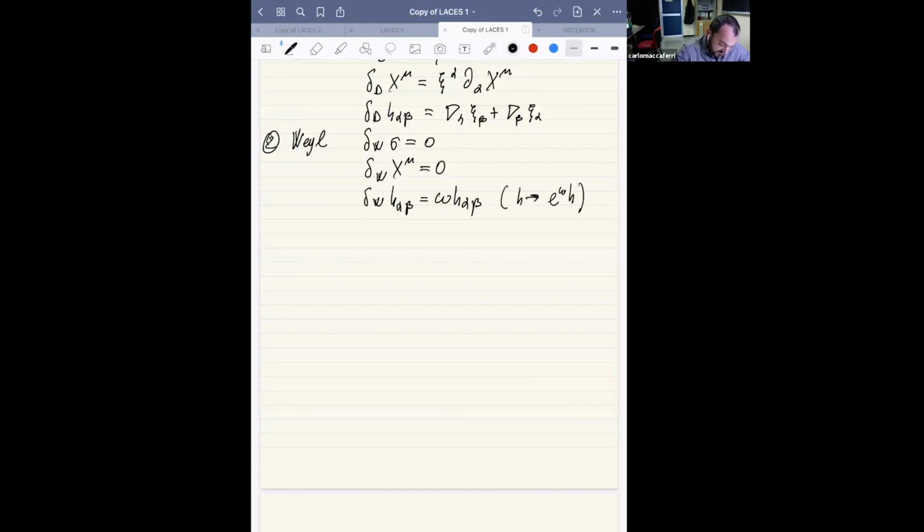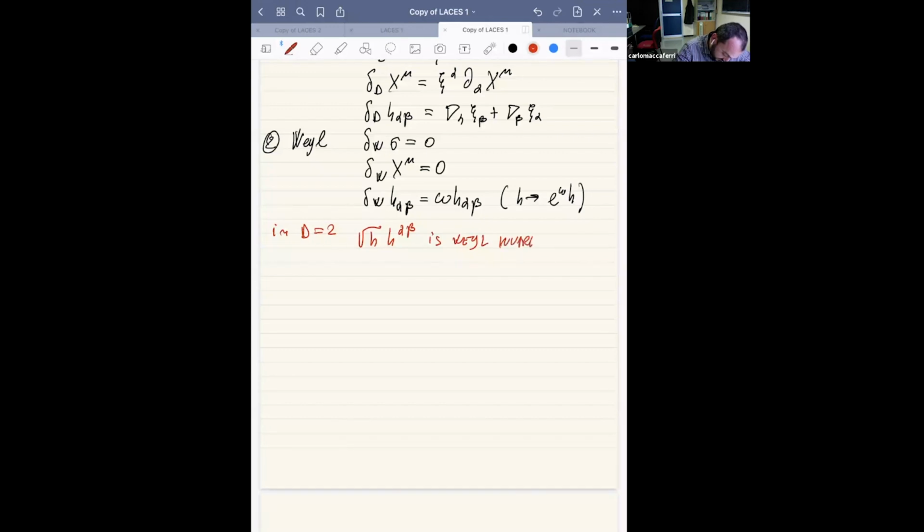So the reason why this action is invariant under Weyl transformations is really because we are in 2 dimensions. You can take it as a small exercise for you if you want. But the very reason is that in 2 dimensions, this combination here, the square root of the determinant of the metric times h alpha beta, is Weyl invariant.